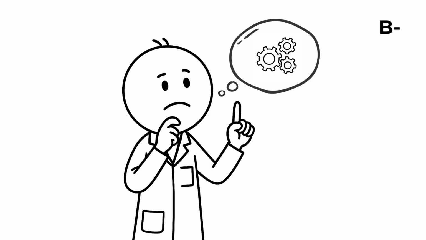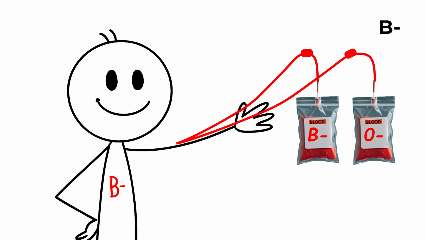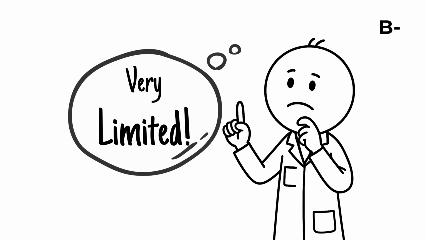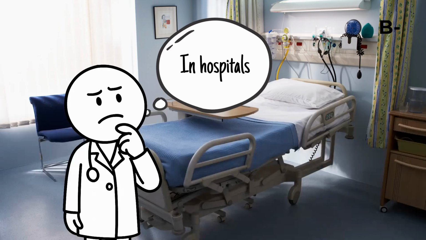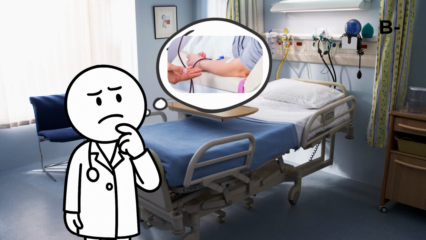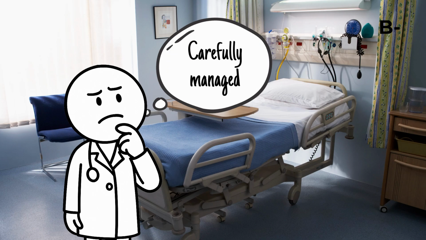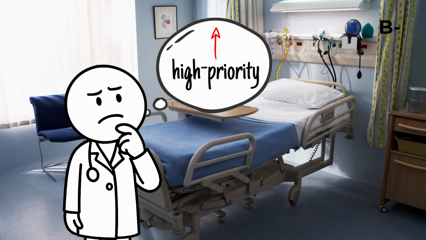Because of this configuration, individuals with B-negative blood can safely receive transfusions only from B-negative or O-negative donors, which severely limits their options for blood transfusion.